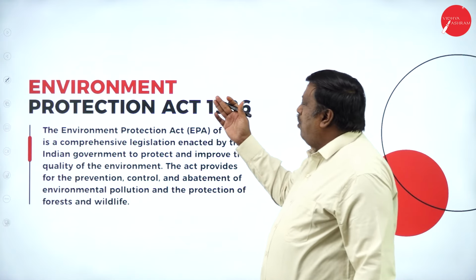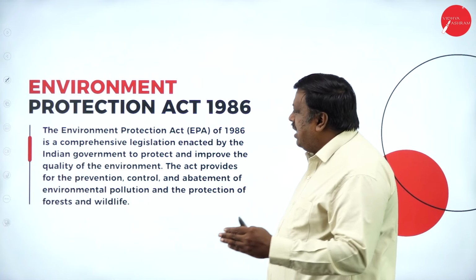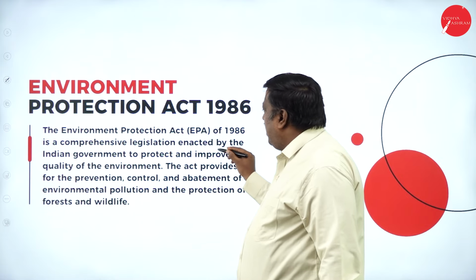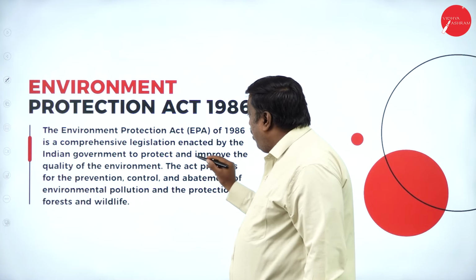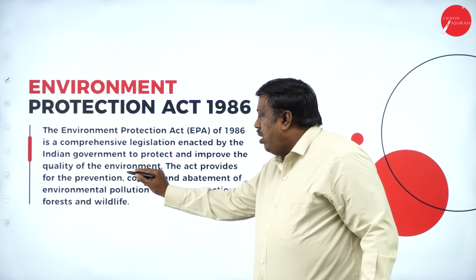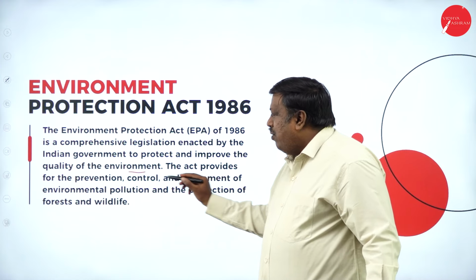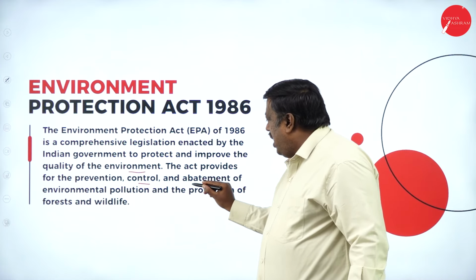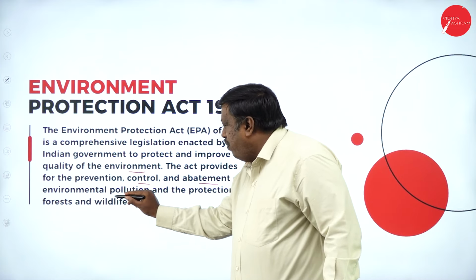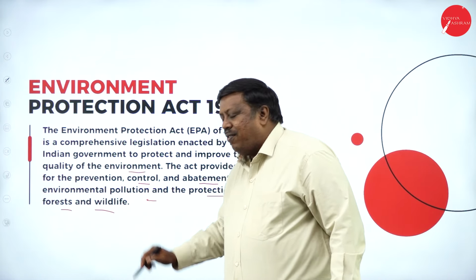Environment Protection Act, which was brought by the Indian government, is comprehensive legislation enacted to protect and improve the quality of the environment. The Act provides for the prevention, control and abatement of environment pollution and protection of forest and wildlife.